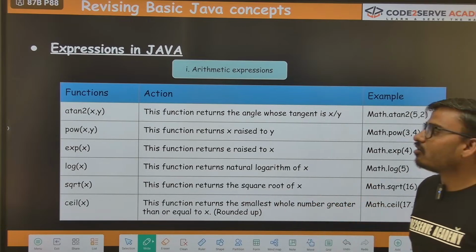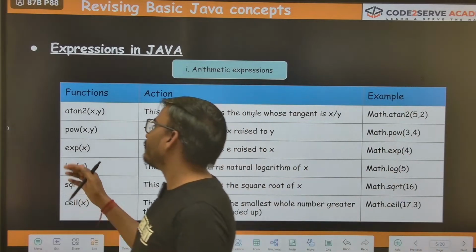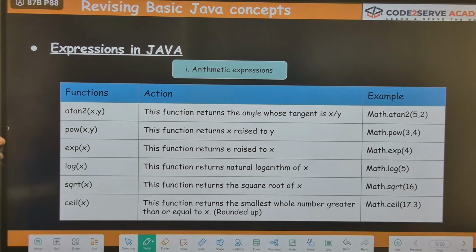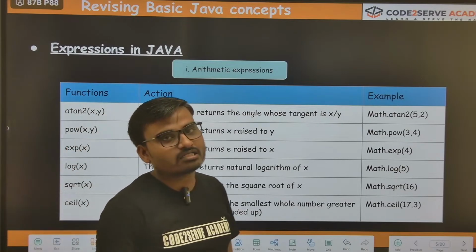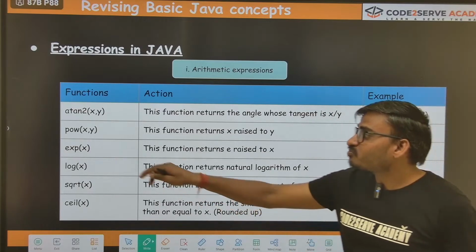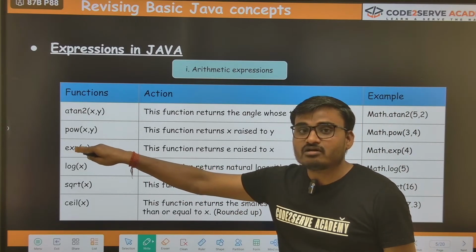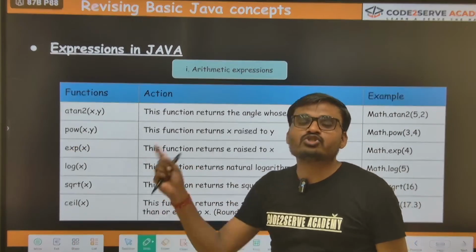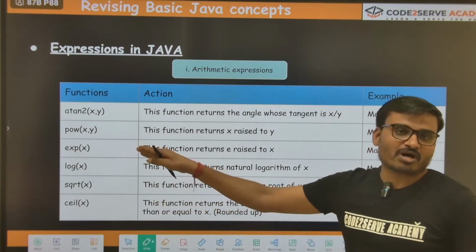Apart from that, now let's come forward to the pow function. In the pow function, this actually means power. So first we write the number. Here you see there are two parameters being passed, one is x and another one is y. The first parameter you pass means the value which you have to raise to the power of the second parameter.